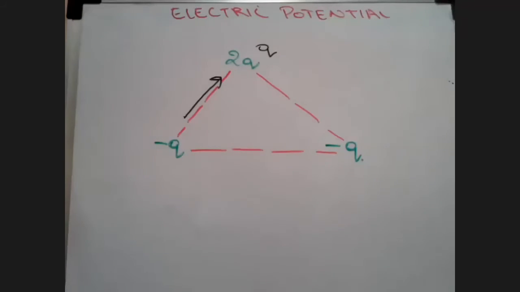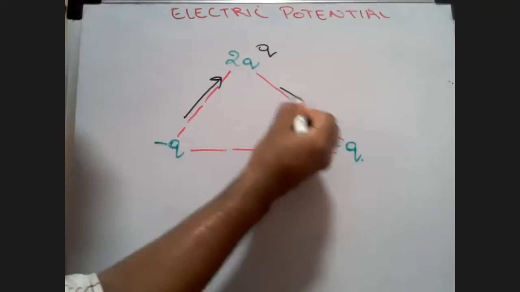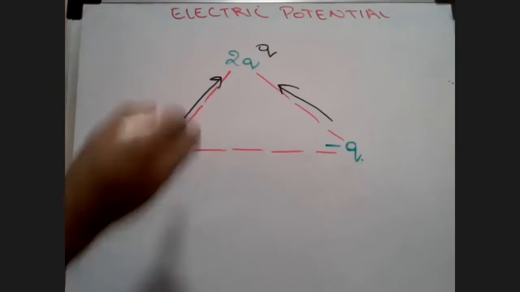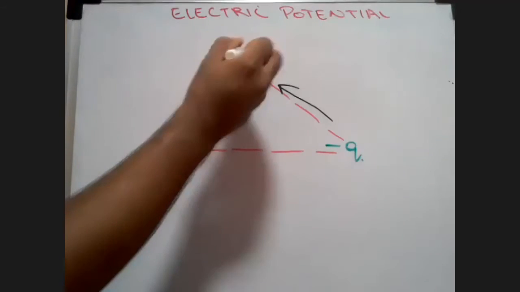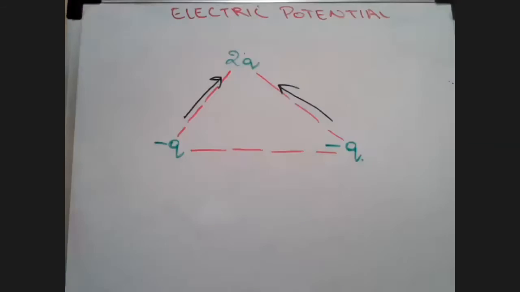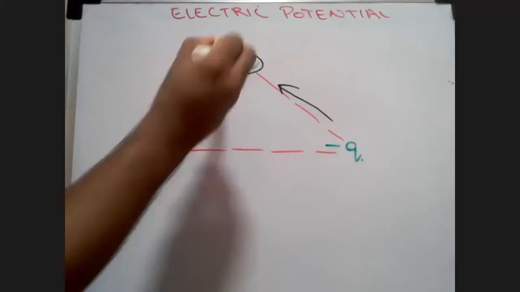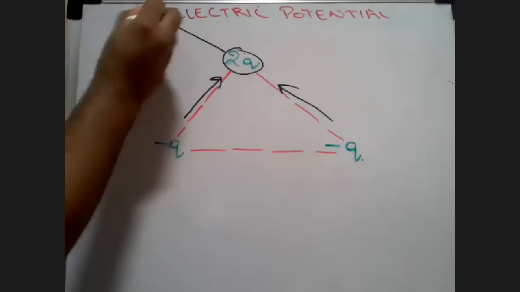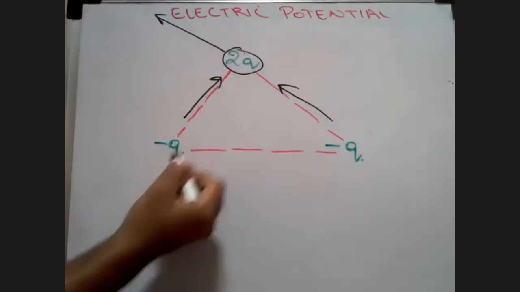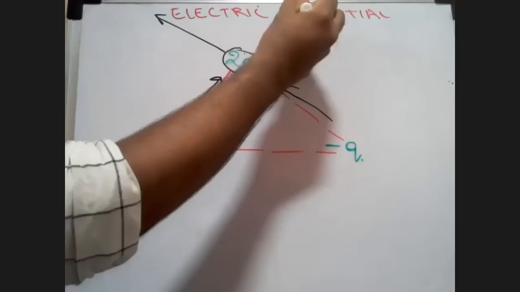I can also say the dipole moment over here is going to be like this. So ultimately, I'm removing this q over here, just considering it to be q itself. This is the dipole moment due to this charge, and this is the dipole moment due to this charge.